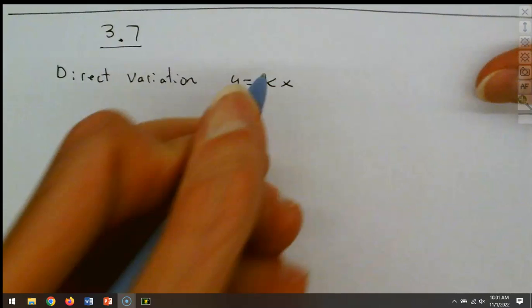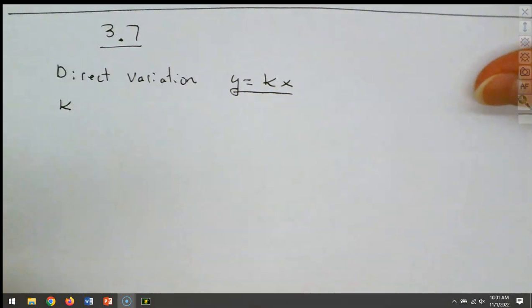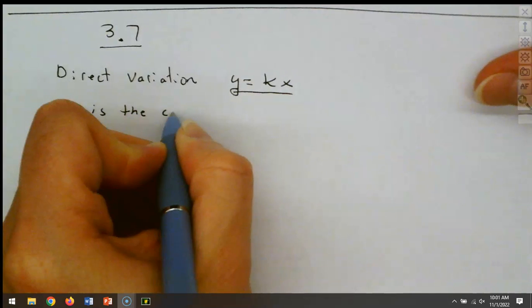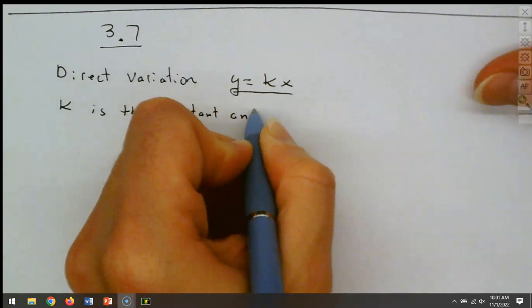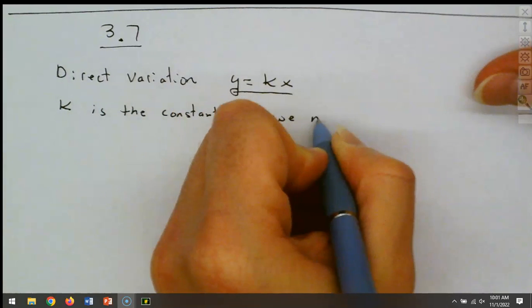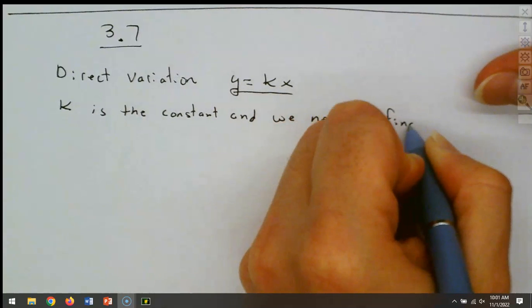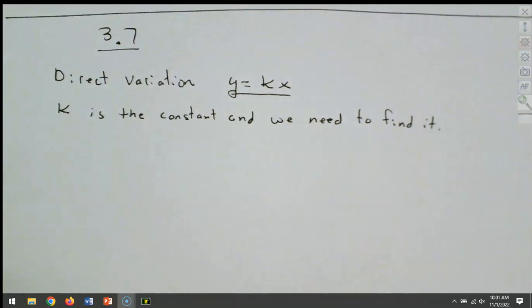Now, k is the constant, and that's what we have to find. So k is going to be our constant, and we're going to have to find it.